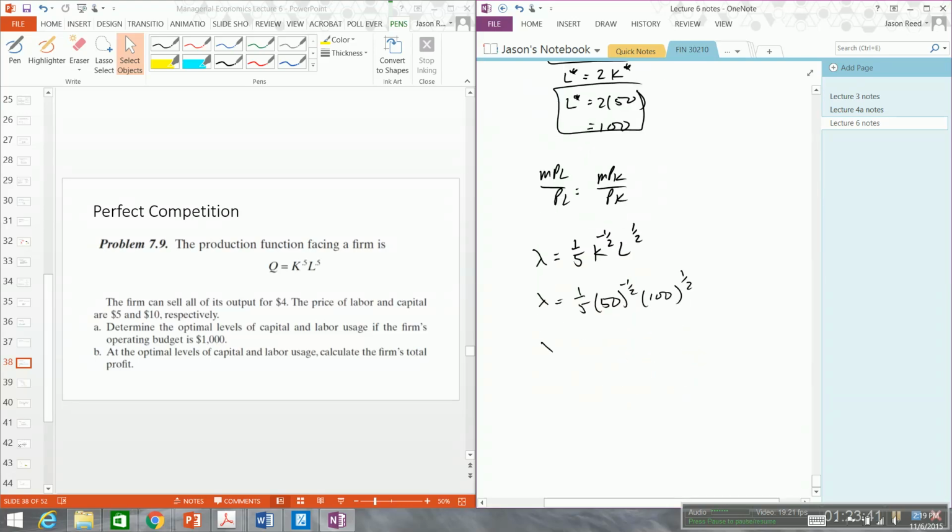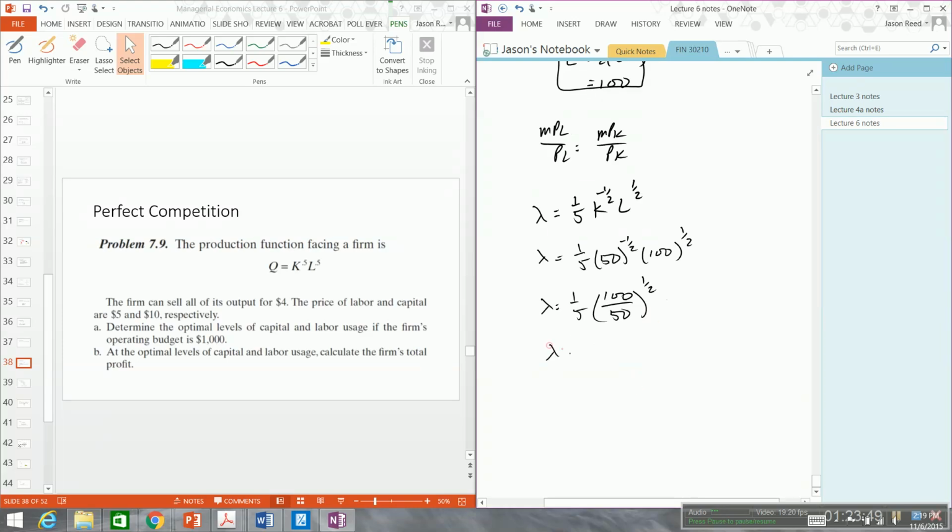We can rewrite this a little bit so that we have 1/5 times 100 divided by 50 to the 1/2. So we have lambda is equal to now square root of 2 over 5. So good, we have now a value for lambda that we can talk about in terms of the shadow price. This is lambda star.